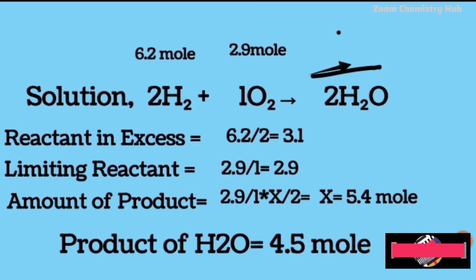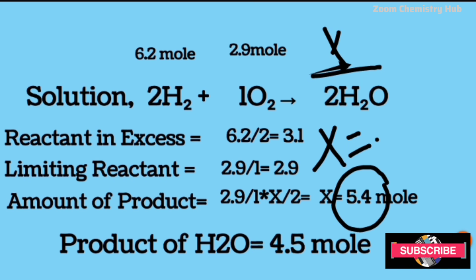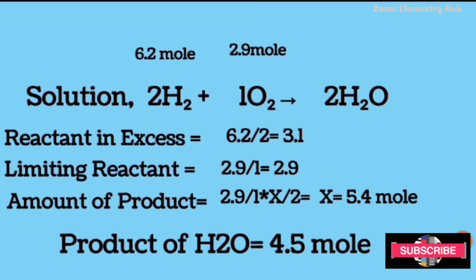We get the value of x, that is x is equal to 5.4, that is 2 multiplied by 2.9, we get 5.4. So here the amount of product which has to be calculated by this method, we calculate the amount of product, that is 4.5.